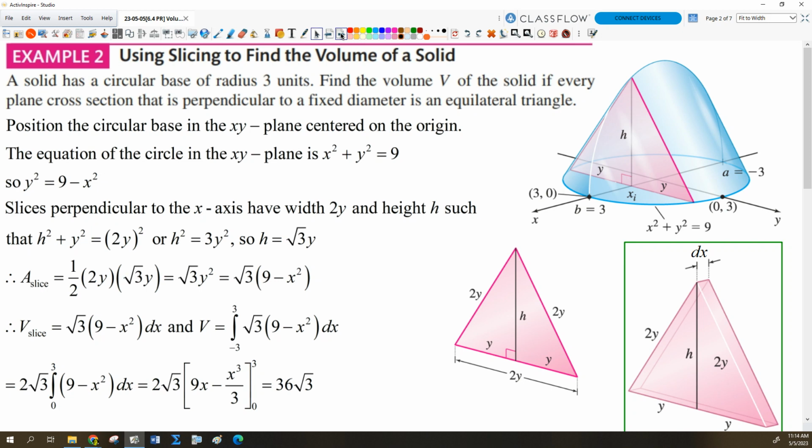A solid has a circular base of radius 3. Find the volume of the solid if every plane cross section that is perpendicular to a fixed diameter... Okay, so what do they mean by that? A fixed diameter. If we set this thing down on the XY plane, we can set it any place we want to, right?